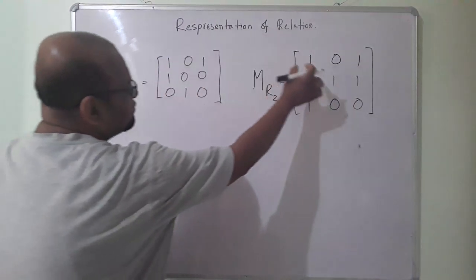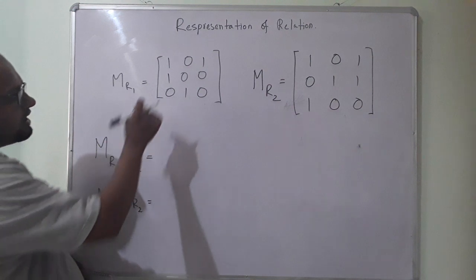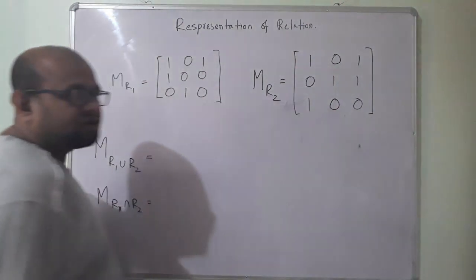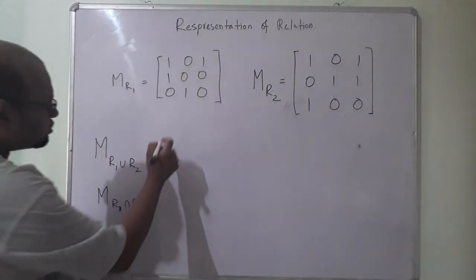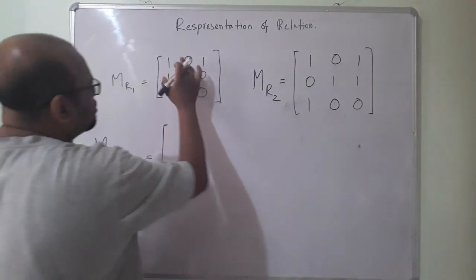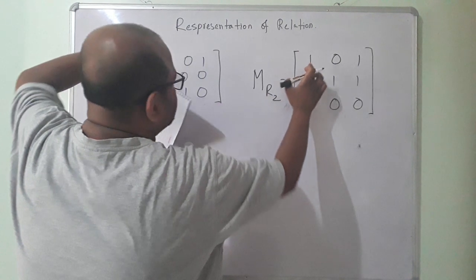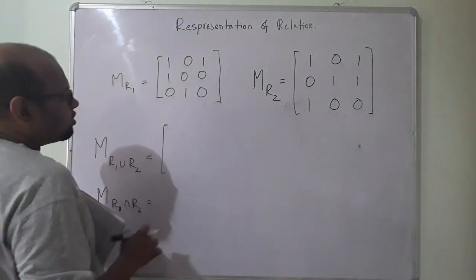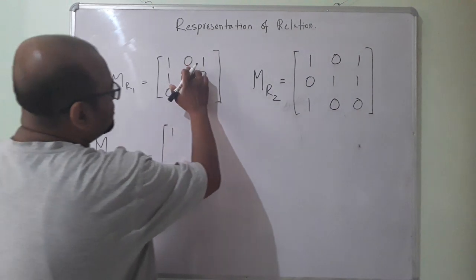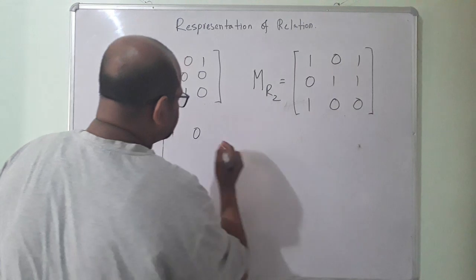I have to do this position wise: OR in case of union, and AND in case of intersection. So let us go ahead and do that. We will do the OR of this position and this position. These two are what? 1 or 1 is 1, 0 or 0 is 0, 1 or 1 is 1.